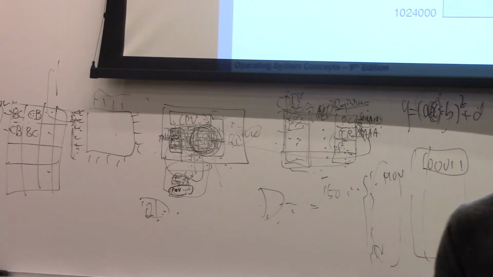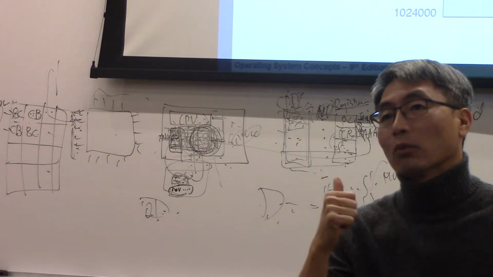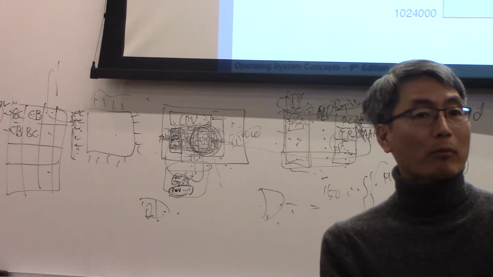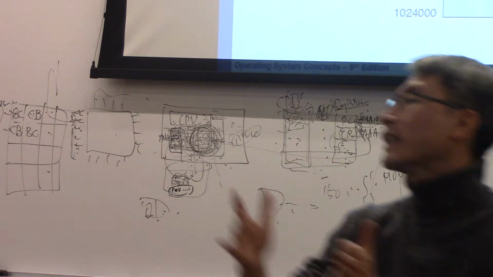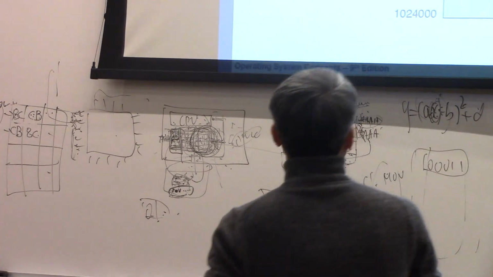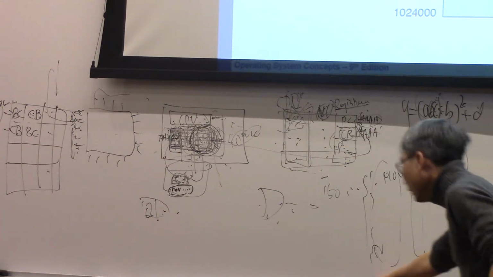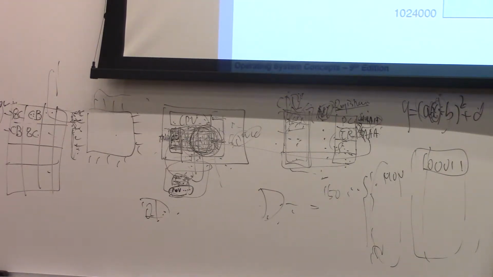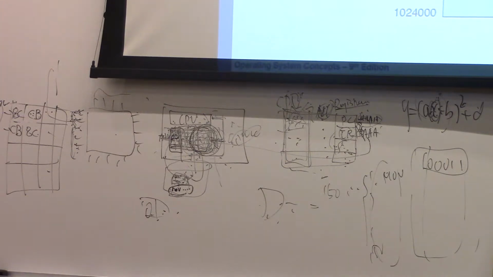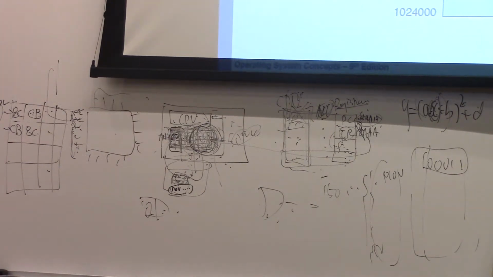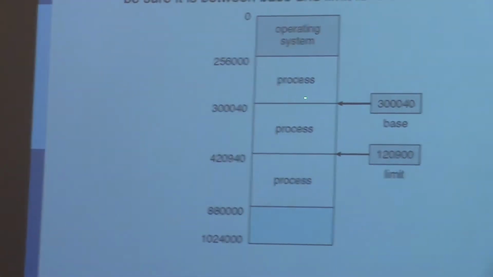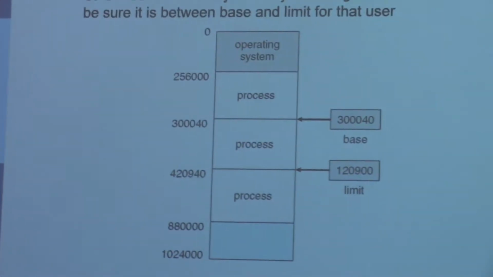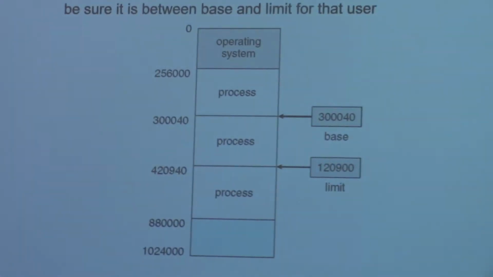Because of that, one of the first important things when using memory is that you need to protect each process and each data structure. This process is used only from address 256K to 300,040, only this area. But if the CPU accidentally accesses the address of another one, it will be a problem.